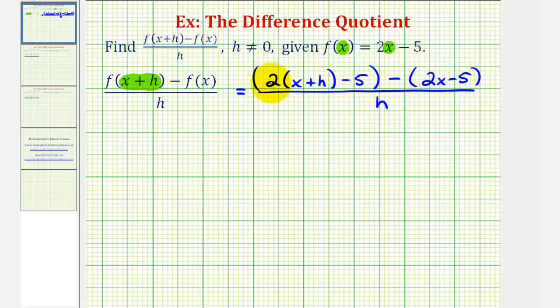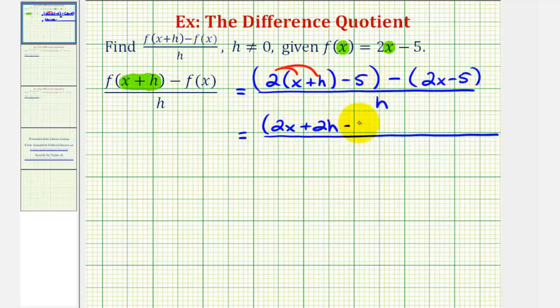Now let's begin to simplify f of the quantity x plus h by distributing 2 here. So we'd have 2x plus 2h minus 5, and then minus the quantity 2x minus 5 divided by h. And now we're going to clear the parentheses and simplify the numerator. So to clear the first set of parentheses, we'll think of distributing a positive 1, which won't change anything.